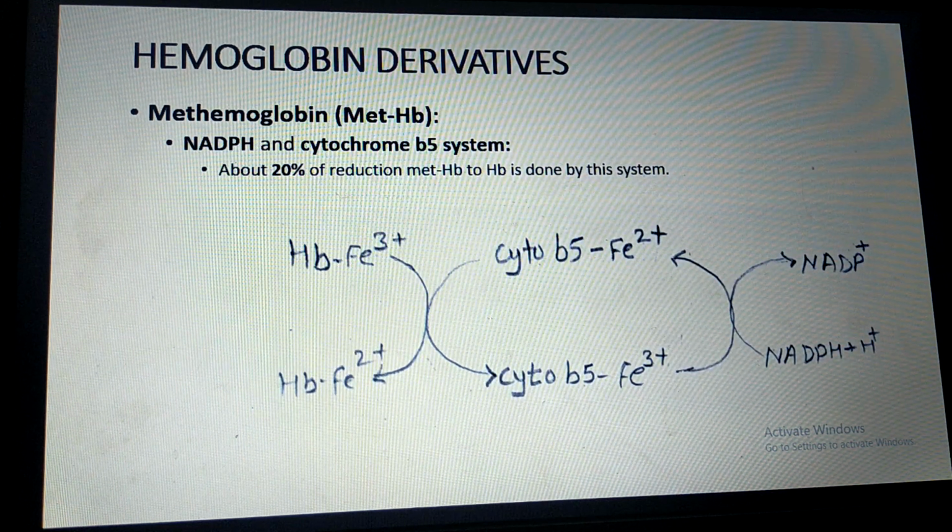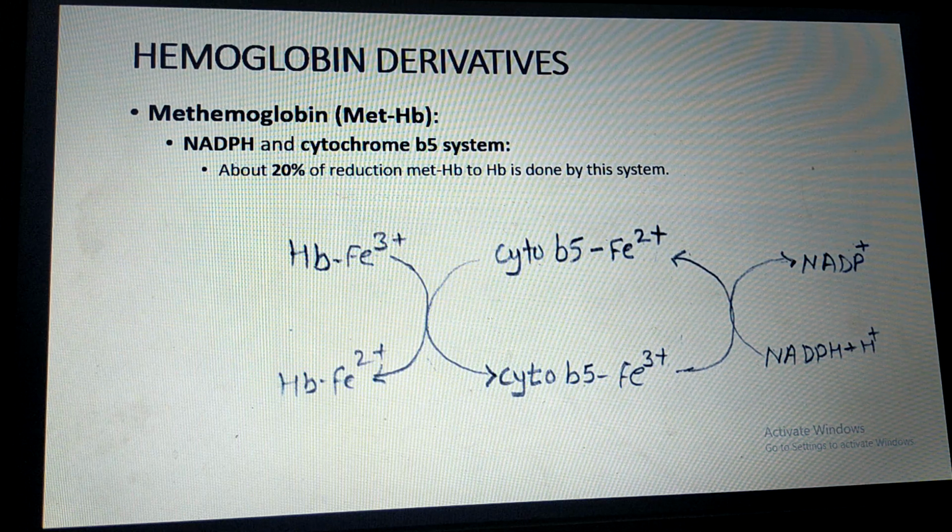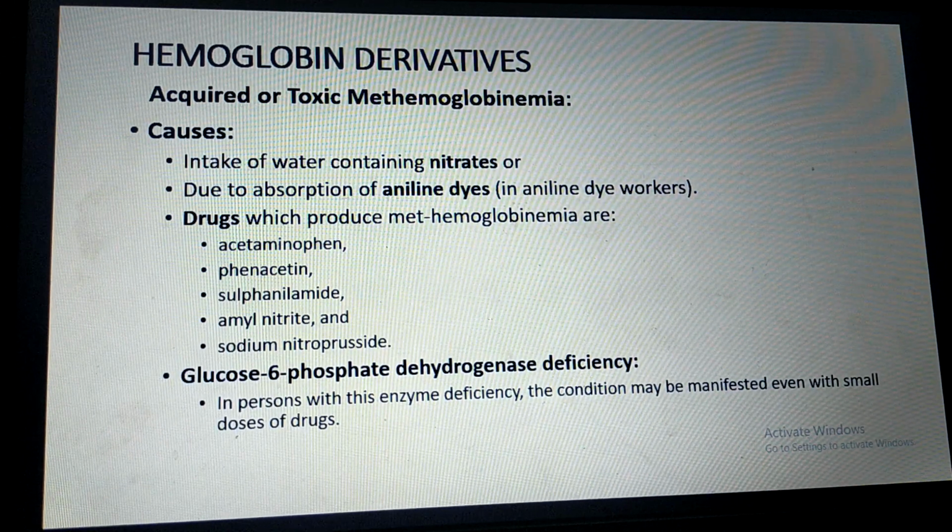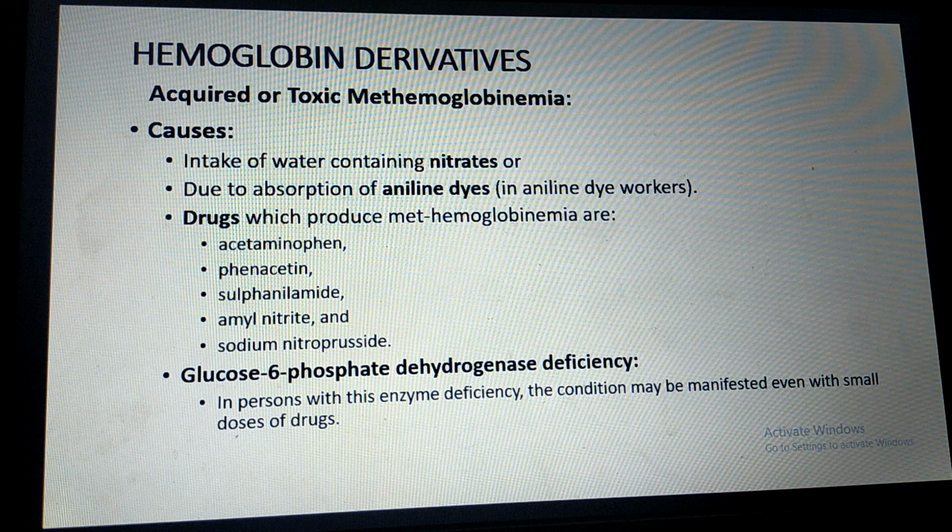Also, NADPH is required for conversion of oxidized cytochrome B5 to reduced cytochrome B5. So whenever there is deficiency of NADPH in the body, the conversion of methemoglobin to normal hemoglobin is hampered. Remember, this enzyme glucose 6-phosphate dehydrogenase is responsible for synthesis of NADPH.